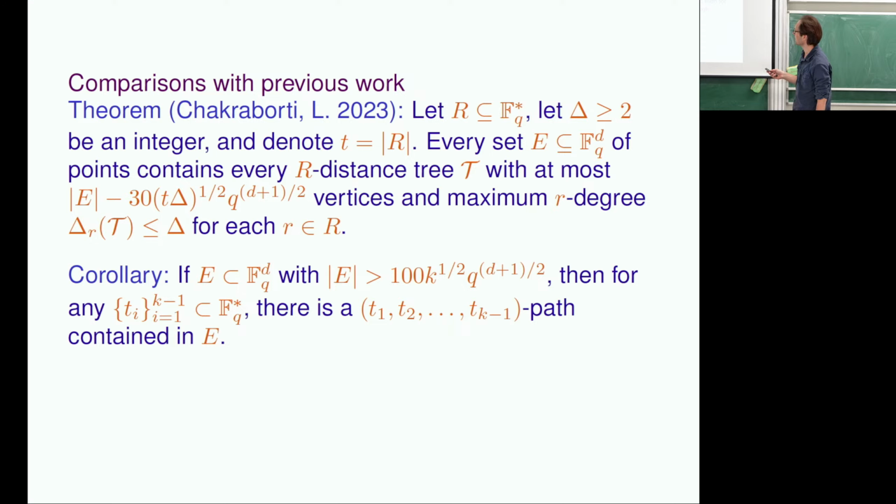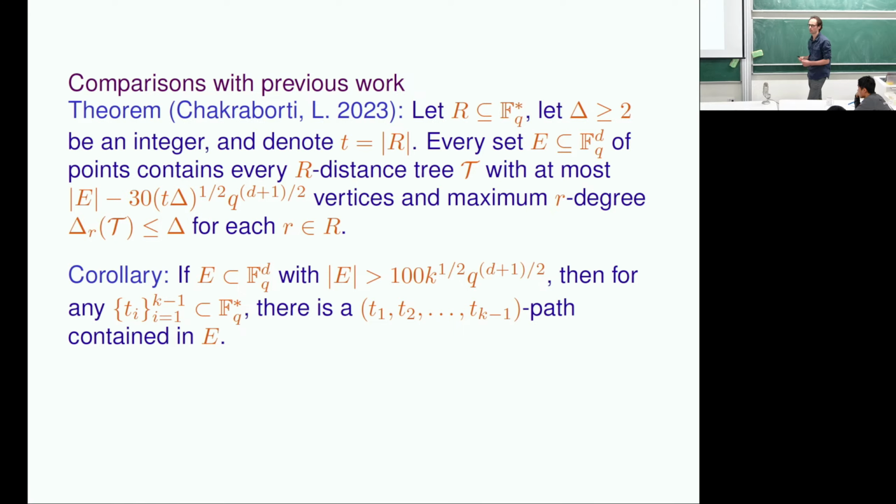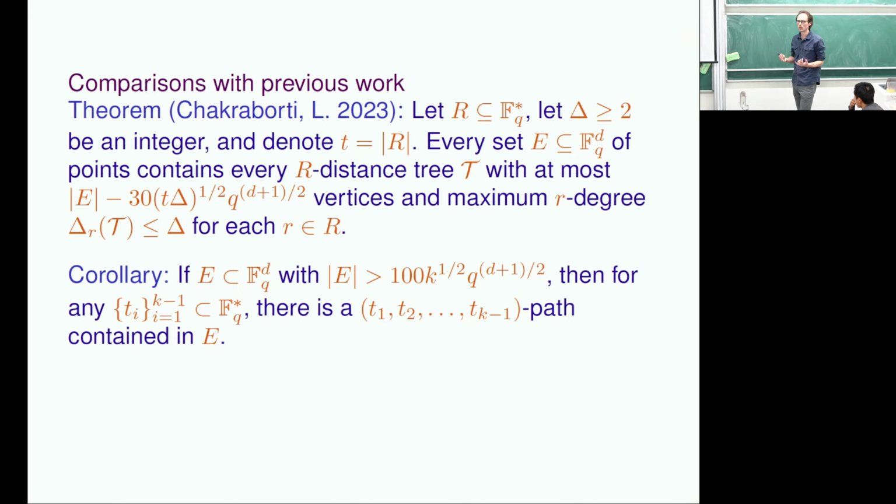And this follows by taking delta equal to 2 and then weakening the conclusion of our theorem by quite a bit. So what would happen if we set delta equal to 2 in our theorem? Well, we get something for trees, in fact, but one easy corollary is that we would contain every tree on at most half of the vertices that used at most k different colors.